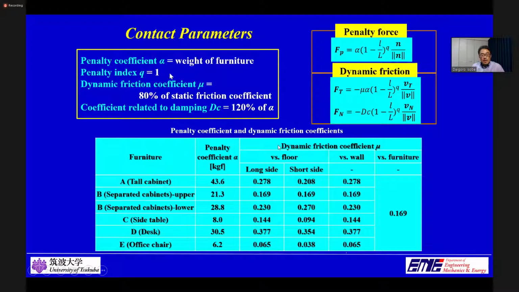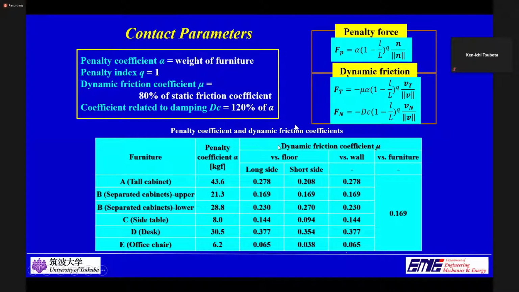We fix the dynamic friction coefficients as 80% values of each static friction coefficient, which were measured before the experiments on the shake table. And as for the coefficient related to damping, DC, we fix them as 120% values of the penalty coefficient alpha. We applied these rules throughout all the analysis.